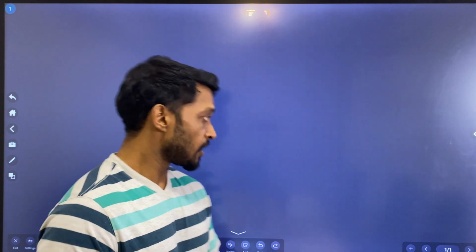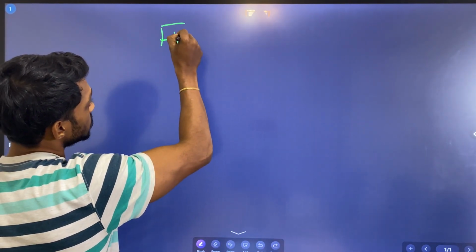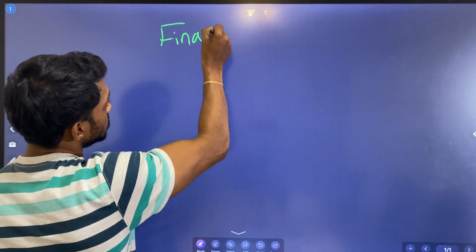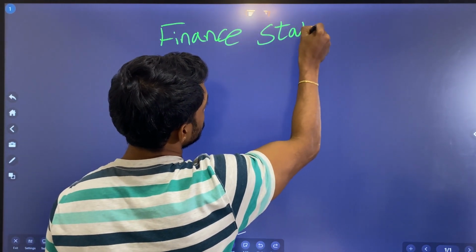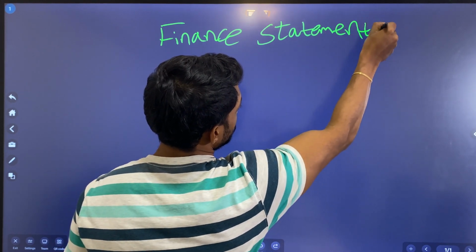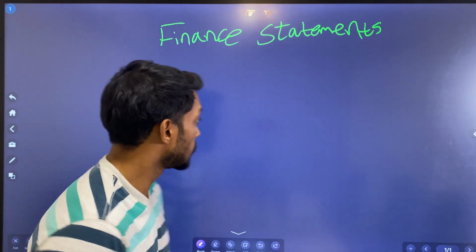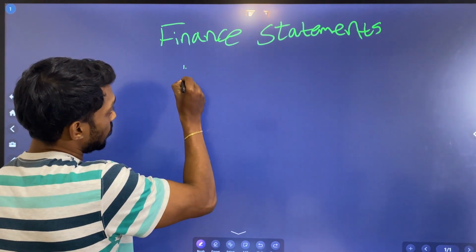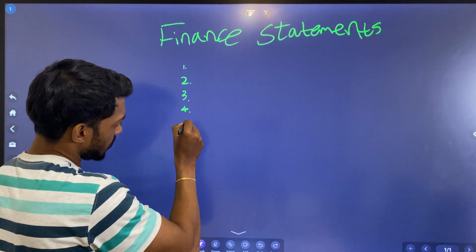So when it comes to financial statements, we have a few components. As per the international accounting standards, we have five elements, if I'm not mistaken.